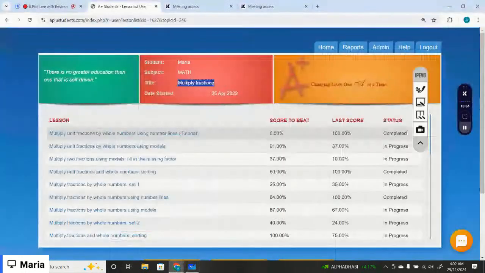So here I'm on grade 5 math. Let's just start with the lesson that is multiply fractions by whole numbers using number lines option. Let's just start with the lesson.